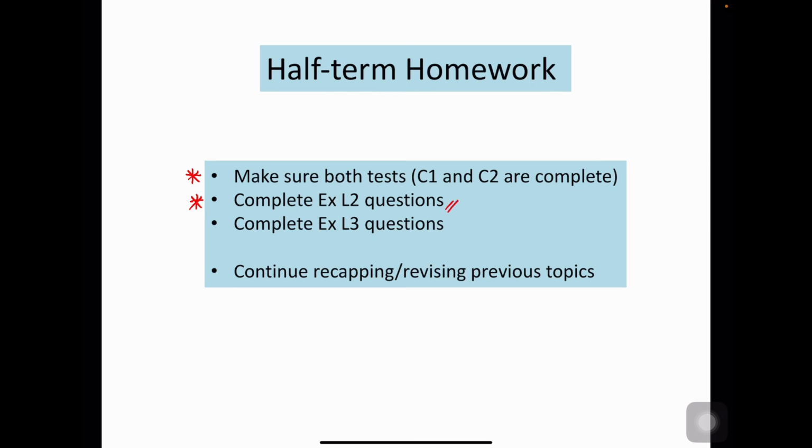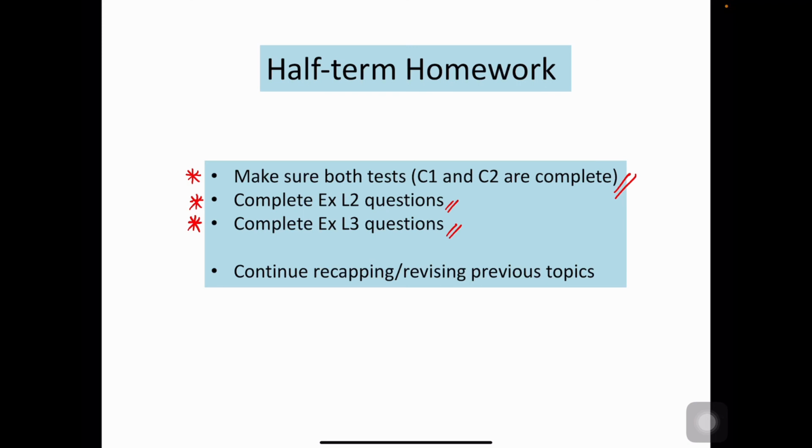I did think about asking you to complete the coordinate geometry topic assessment during the half term, but instead I'd like you to complete the exercise level 3 questions, and I'm hopeful that if you complete the exercise level 3 questions as well as the exercise level 2 questions as well as the multiple choice quizzes, then by the time I set you the topic assessment, you'll have done so much practice that you'll find that topic assessment easy, hopefully.